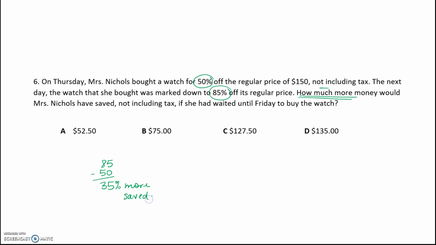Okay, so we need to find what that extra 35% is of our $150. And it is asking how much money would she have saved. So it's actually asking for that amount. So she would have saved 35% of the original price, right? And it's asking for X.